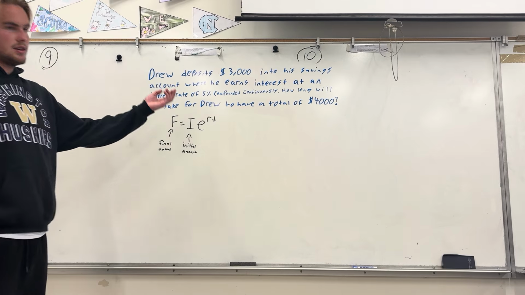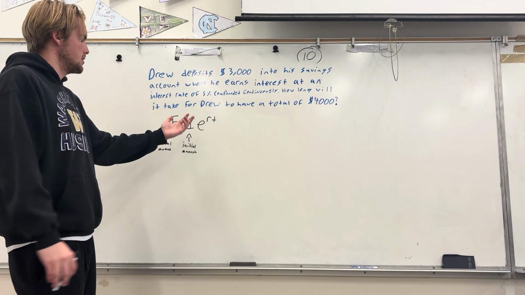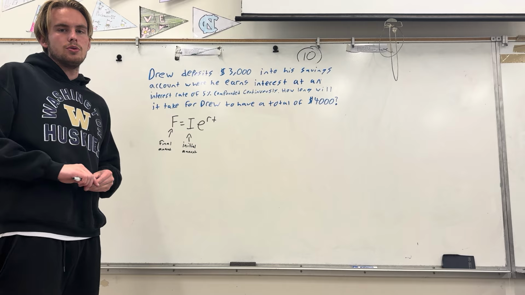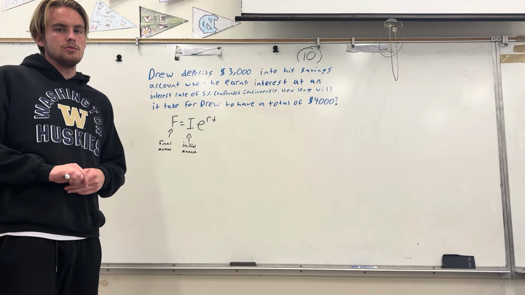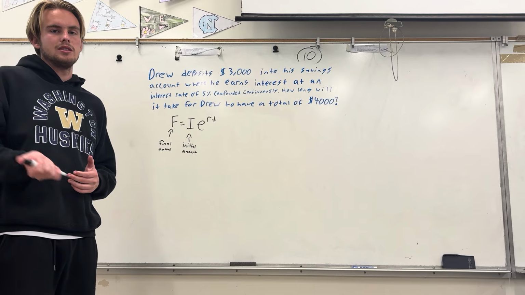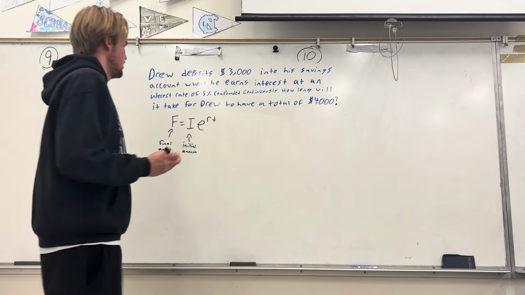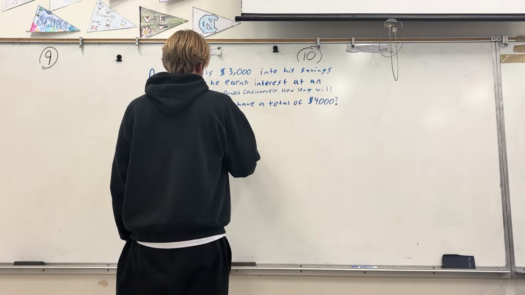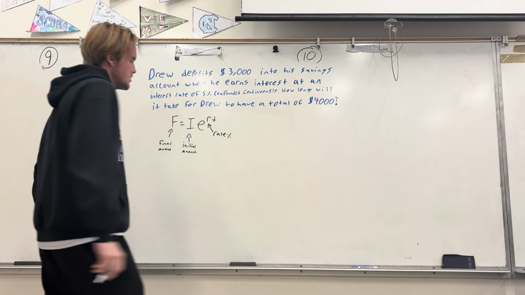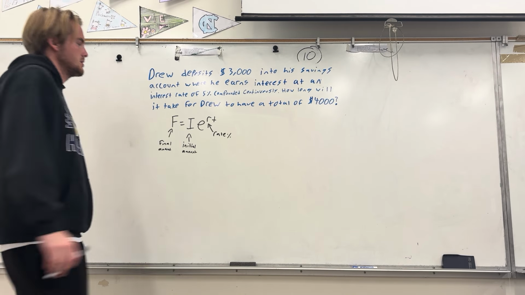And then we have E as our base. That's just, remember, the number E, like 2 point something. And we use it because that's how we want to represent being compounded continuously. R is just the rate, which will be represented as a percentage. And then T, that's just time.